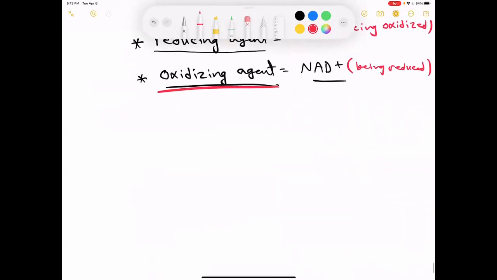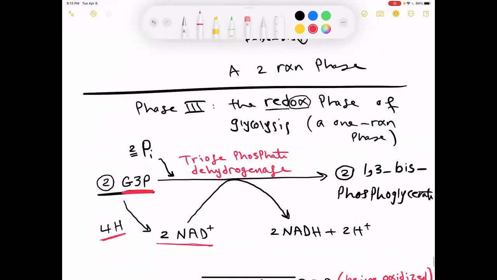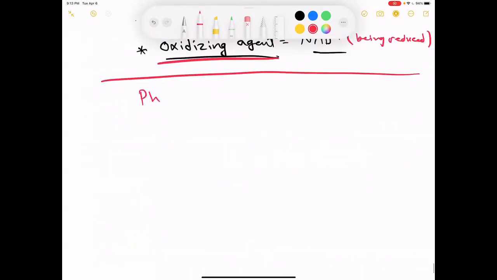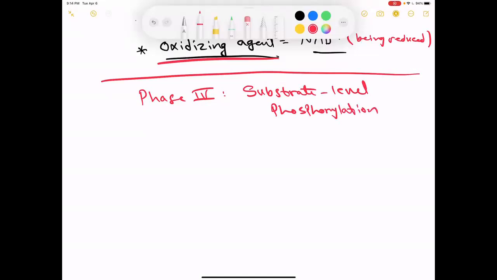All right, I'm gonna quiz you soon. But before, remember the phases again. Phase 3. Now phase 4. And in yesterday's video, I called it the substrate level phosphorylation.